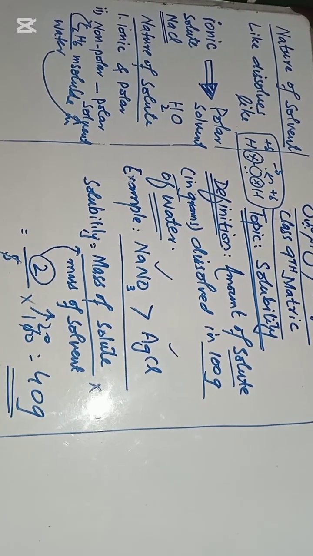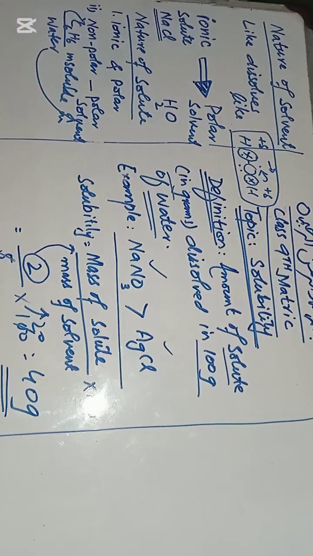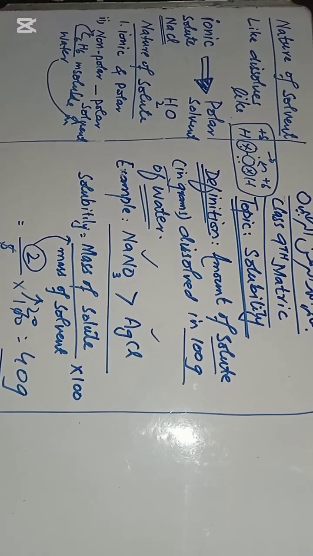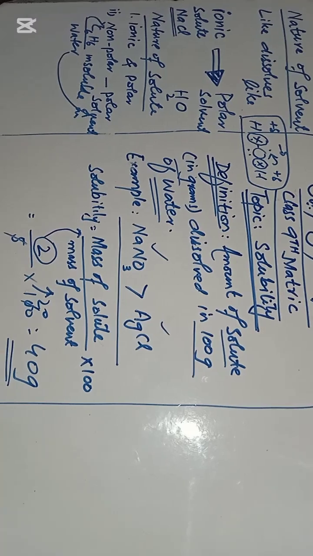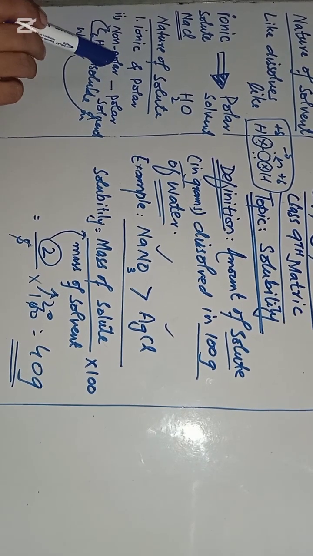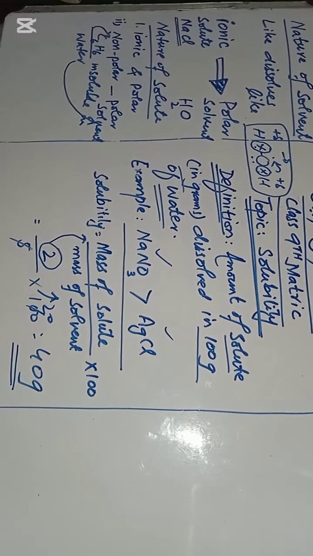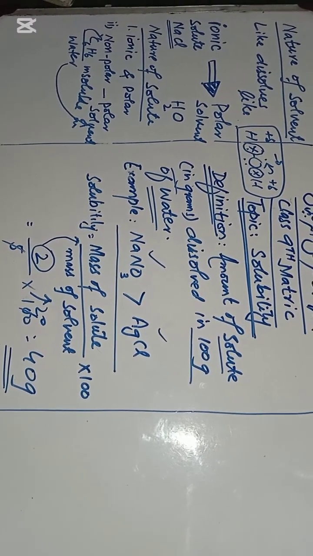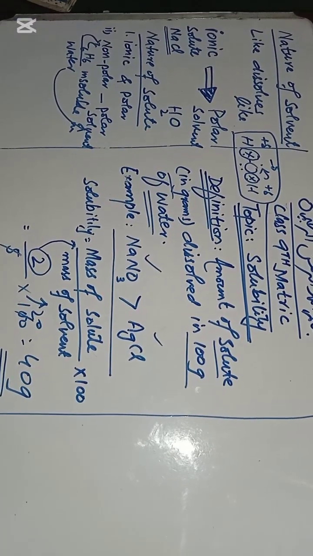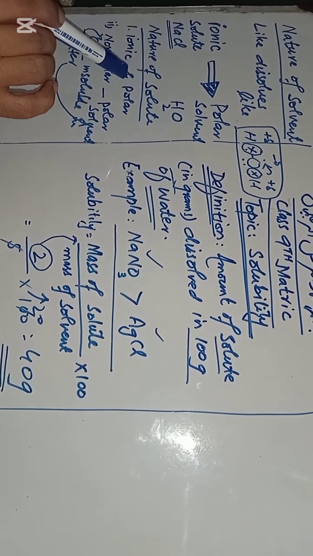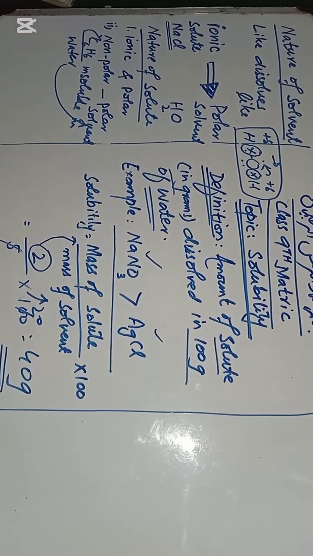Now there are some other factors as well. Ionic and polar substances are soluble in a polar solvent. Ionic solids and polar covalent compounds are soluble in water, for example NaCl, sodium chloride, potassium chloride, and sodium carbonate.